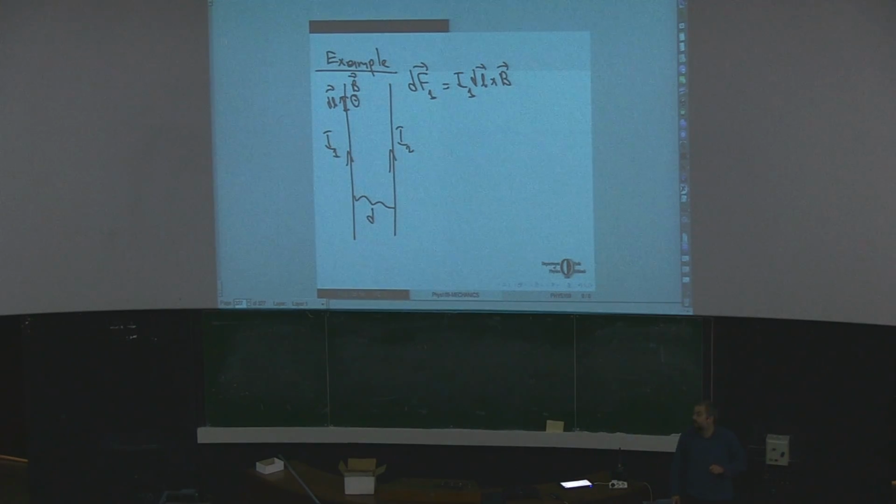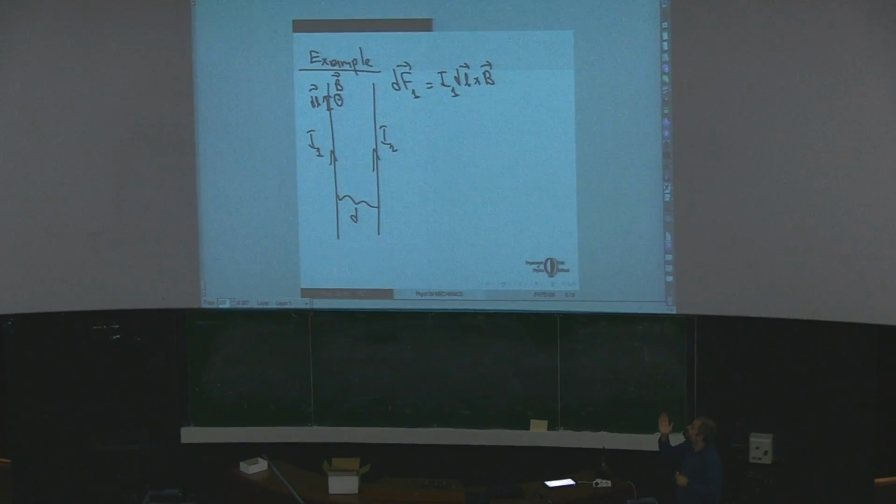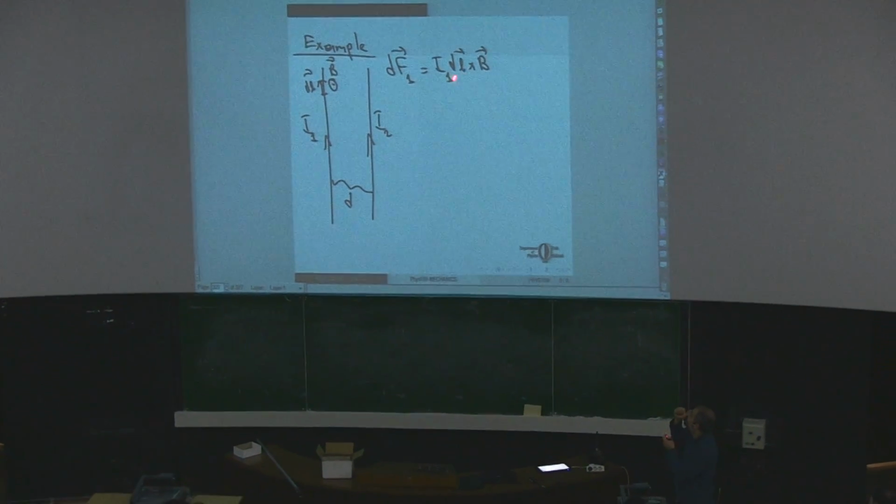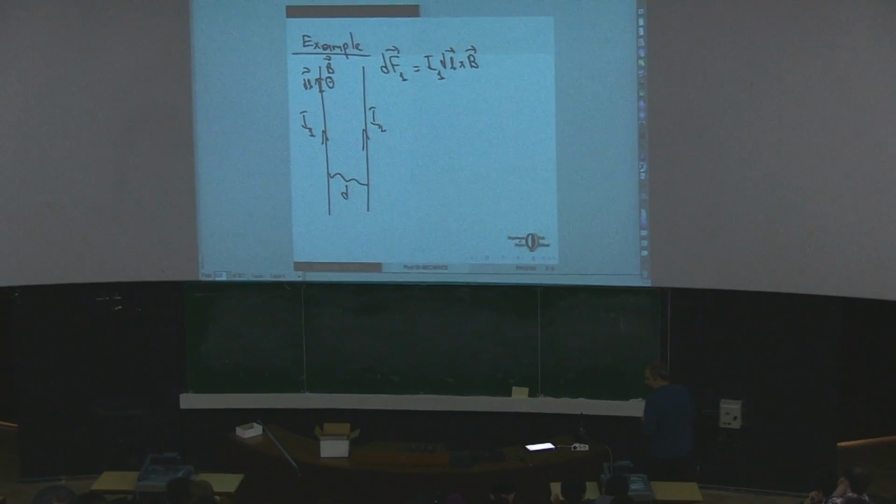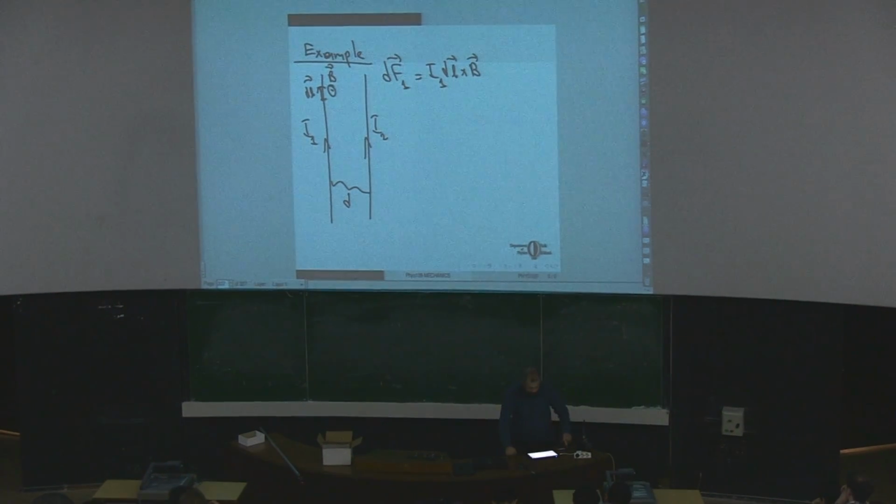So what is the direction of this dF? Fingers in the direction of dl, palm facing the direction of the magnetic field, your thumb is in the direction of dl cross B. So the force that this will feel is in this direction. This is F1.